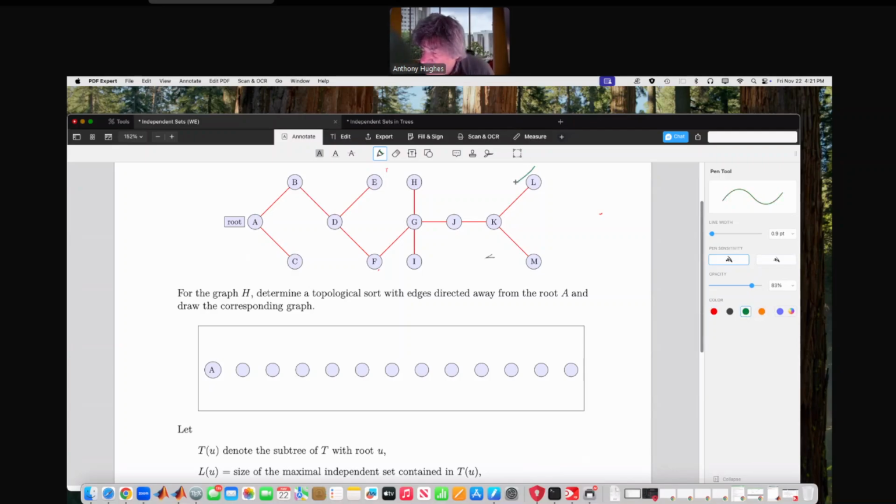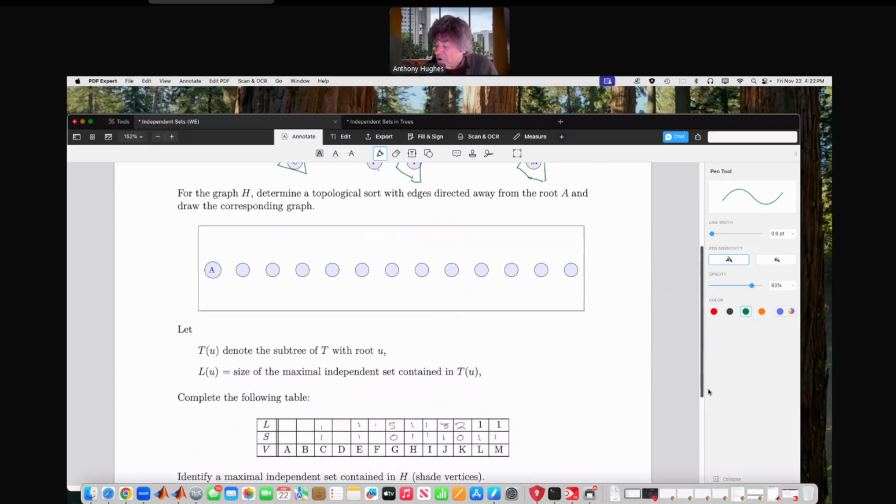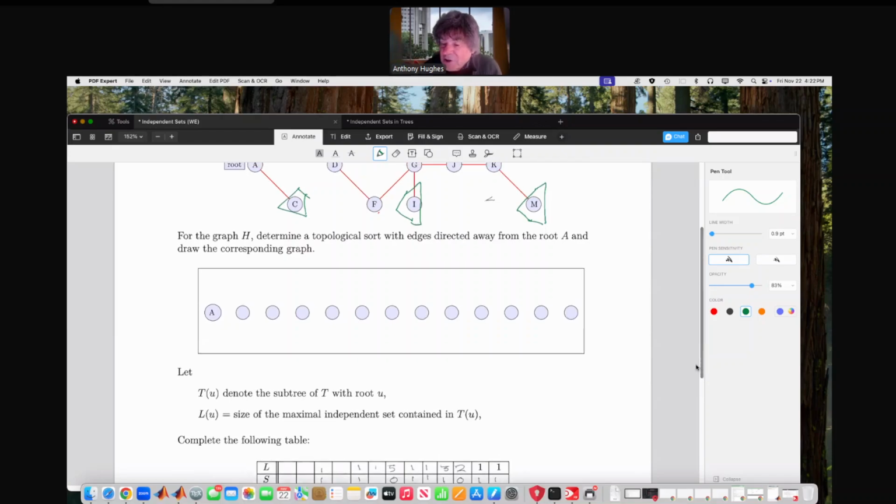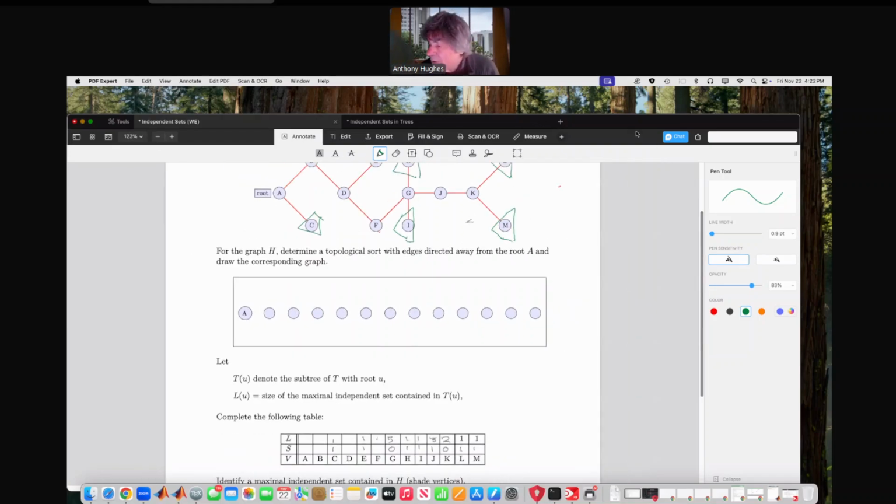So here's the subtree containing L. Here's the subtree containing M. When we're at it, we've got the subtree containing H, I, and J. So if the subtree only contains one node, we can include it in our discussion. So what we can do, let's make this a little bit smaller. Move it up.